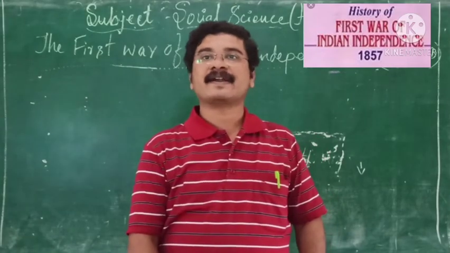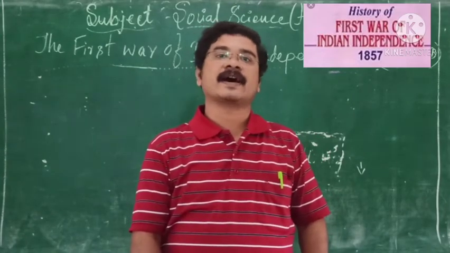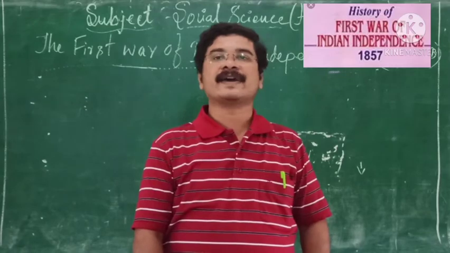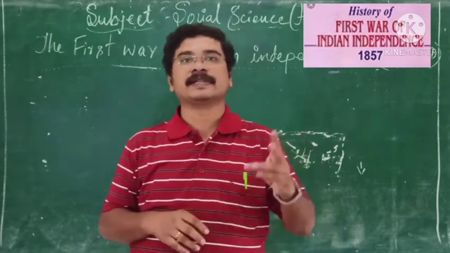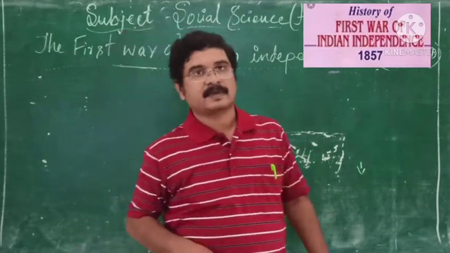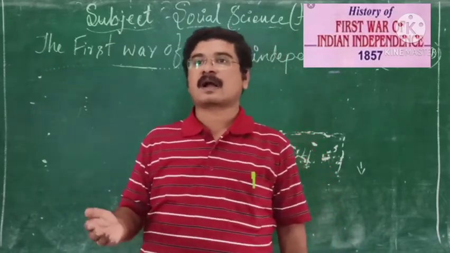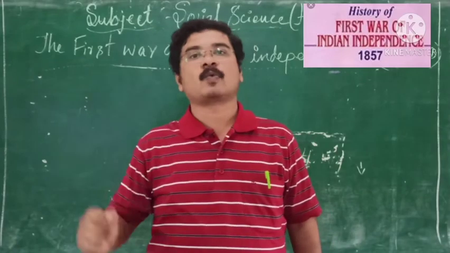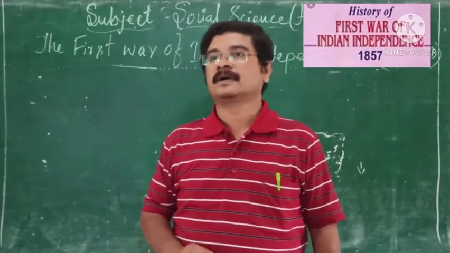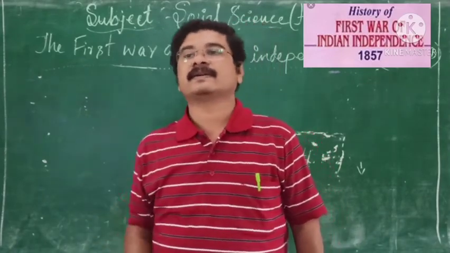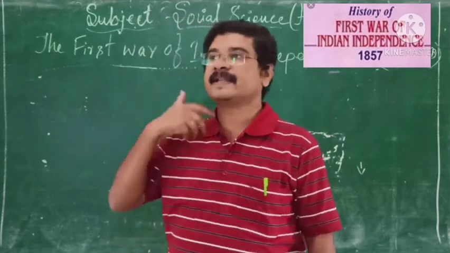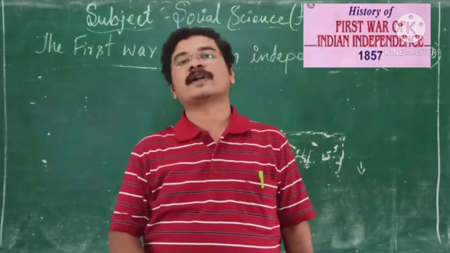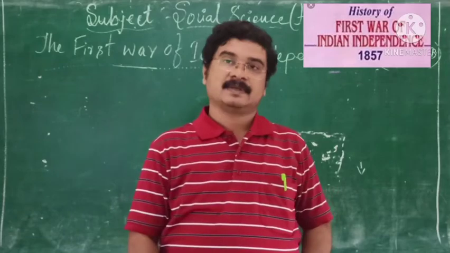Regarding this lesson, we are going to learn various aspects: the causes of the first Indian independence war, second, its spread and nature, the immediate cause, and failure and its effects.